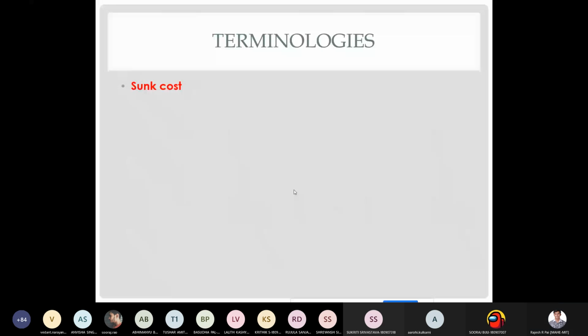No, sir. Okay. So sunk cost is nothing but the cost which has been incurred earlier, and which we cannot recover, and we are not going to even consider that component or cost in our analysis. Okay. Say for example, you have purchased an equipment for 10,000 rupees. Okay. It has a service life of 5 years.